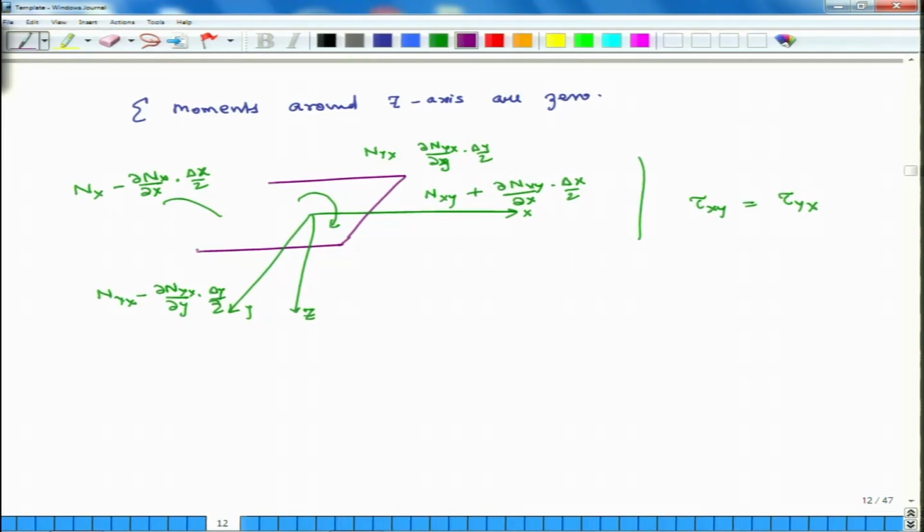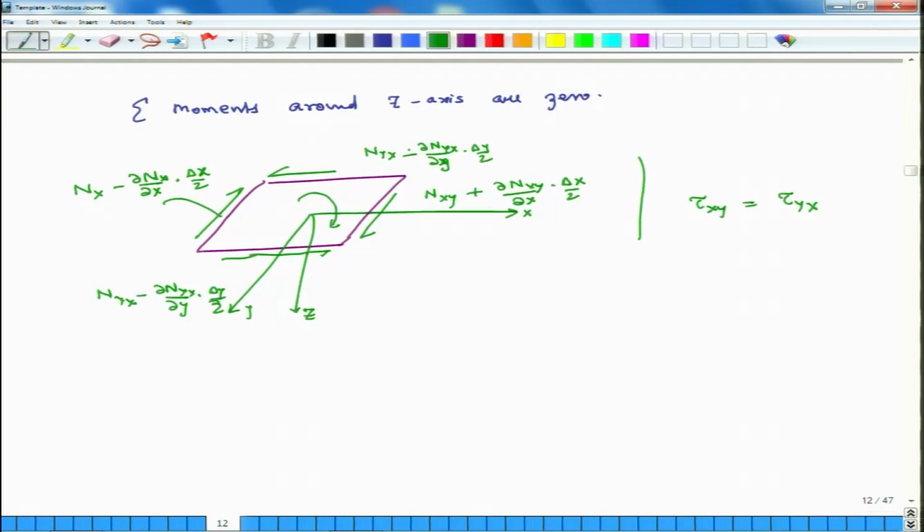So, this is like this, this is like this, this is like this, and this is like this, okay, and there is a negative here.